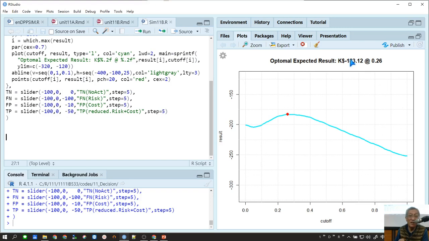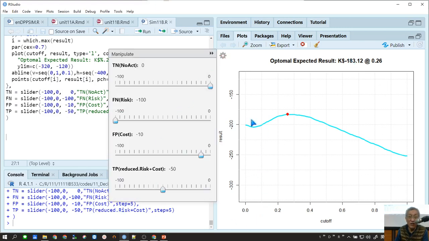In this case, we can see that taking no action is worse than taking action on everyone, right? Okay. So in some cases it's different. For example, if the cost jumps up from 10 to 20, the situation changes, right?